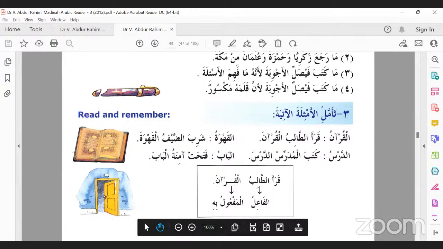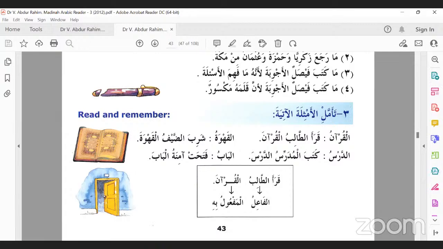Kataba, wrote; al-mudarrisu, teacher; ad-darsu, lesson. Kataba is the verb, al-mudarrisu is the doer, and the lesson is the object. Fatahat Aminatu al-baba. Fatahat, open, is the verb, Amina is the doer, and al-babu is the object.